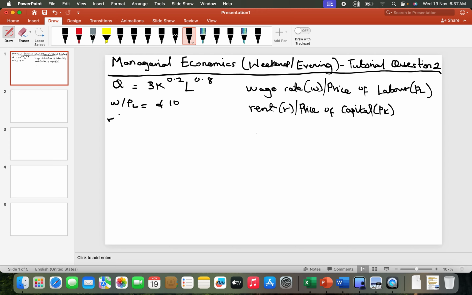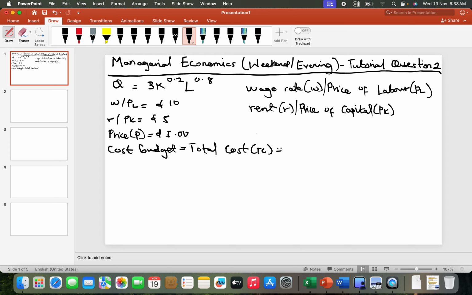They gave rent, R or PK, to be 5. They gave price in the question to be 5 cedis. We were also given cost budget, which is the same as total cost. So TC was given as 1,000 Ghana cedis.